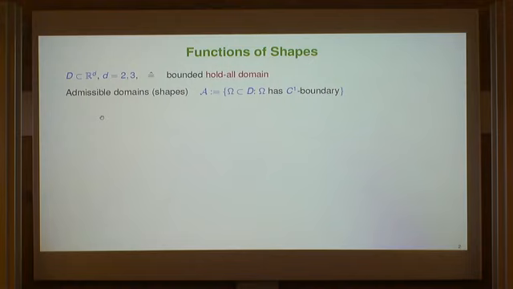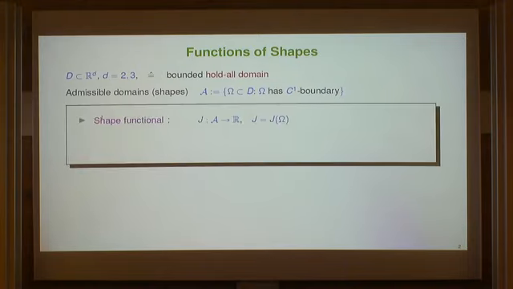Well, there are many ways to define these. Let's say we consider all smooth domains contained in this hold-all domain. And then we have a function defined on this set of shapes that so far has precious little structure.